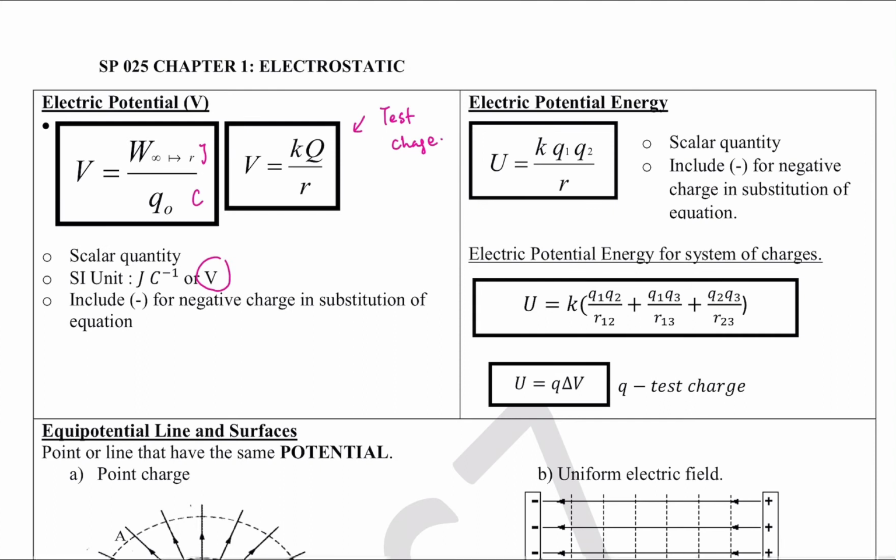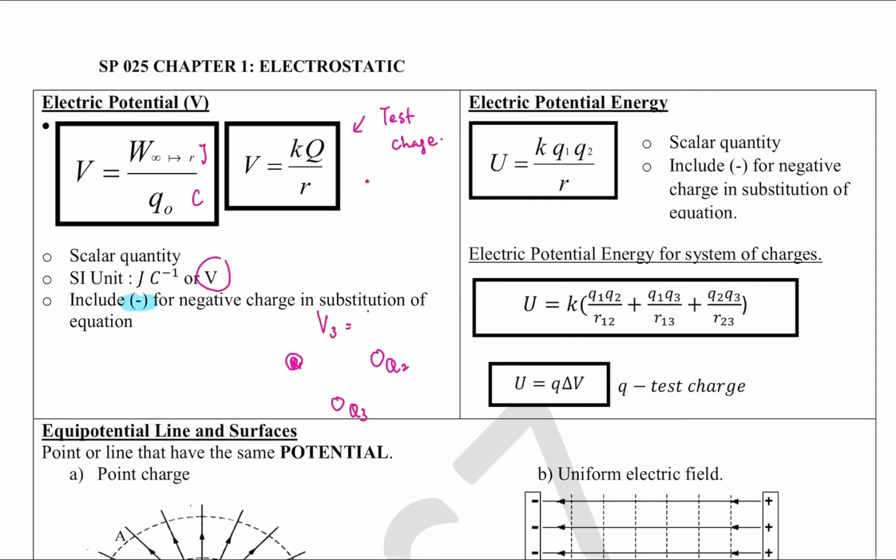Okay, so if your charge is a negative charge, maksudnya you kena masukkan negative sign. Okay, so kalau kita kata contohnya soalan dia ada Q1, lepas tu ada Q2, dan kita ada Q3. Dia nak V dekat 3.